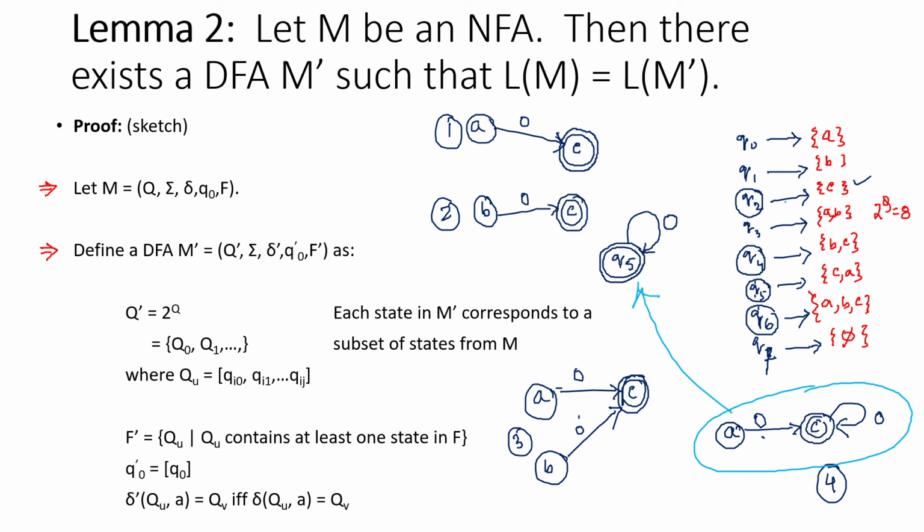So with Q5 we will have a 0 self loop, and this is what is explained over here. And if it is possible, then obviously this DFA will accept the same set of strings which is accepted by the NFA. In other words, the DFA is accepting the same language accepted by the NFA.